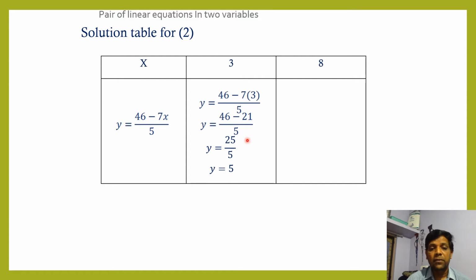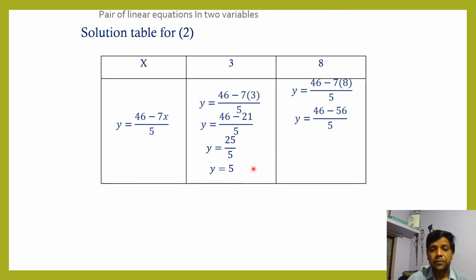Now subtraction: 6 minus 1 is 5, 4 minus 2 is 2. Y equals 25 by 5. So 5 5s are 25. So what is the value of y? Y equals 5.